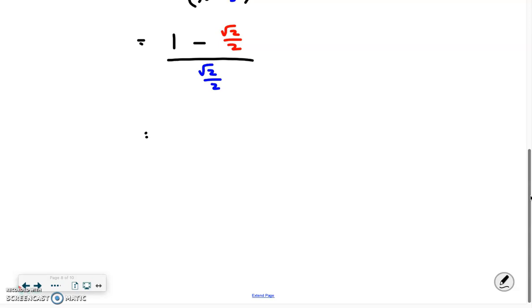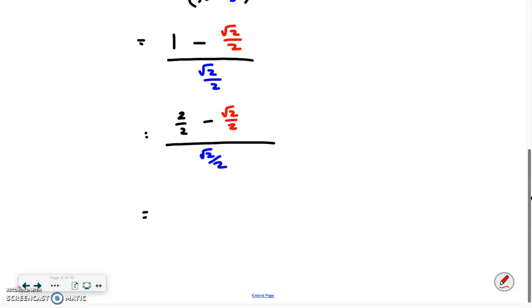So now at this point, I think that we could really make that argument that pre-calc is essentially finished. So looking at my numerator, I have 1 minus root 2 over 2. I need to combine those. So I'm going to leave my denominator the same, root 2 over 2, for the time being. And in the numerator, where I have 1 minus root 2 over 2, all I'm going to do is alter this 1 as 2 over 2. Now I have common denominators, and I can actually subtract those.